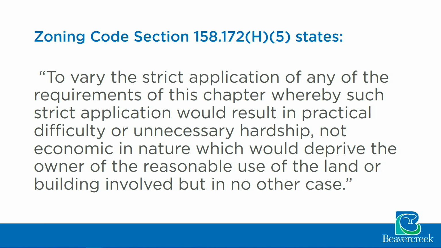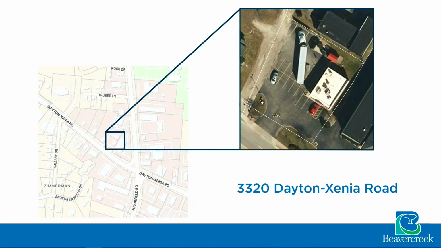The applicant is asking that the shed be located to the, not a shed, a walk-in cooler be located to the rear of the existing building. So it's basically going to encroach a little bit into that rear yard setback.